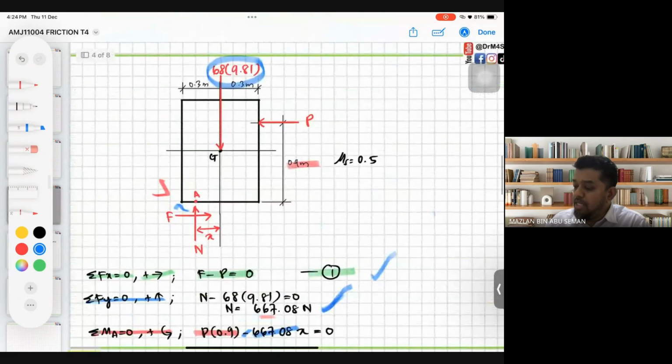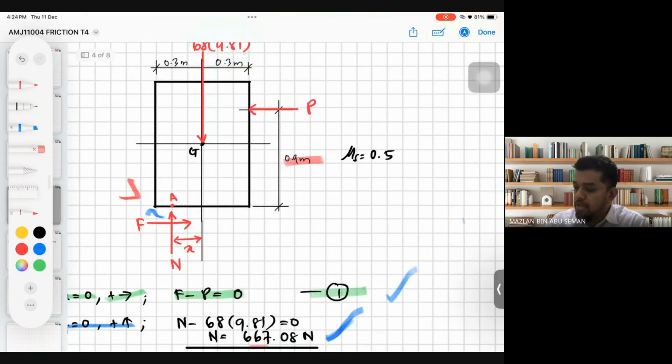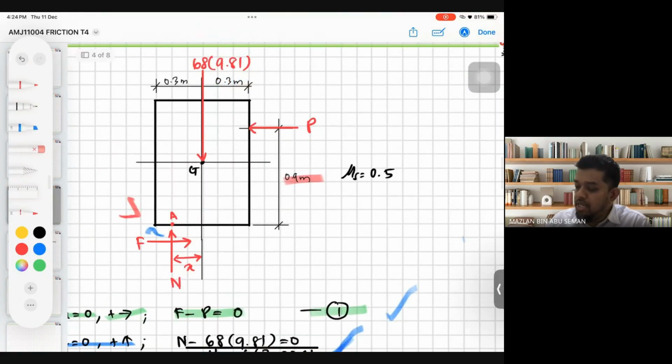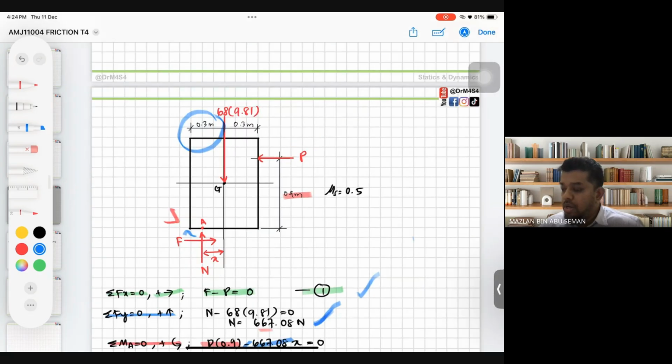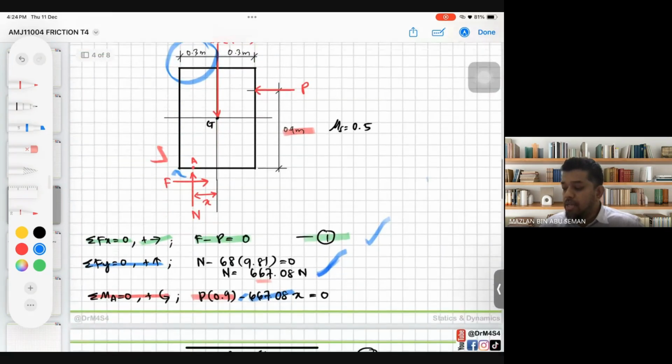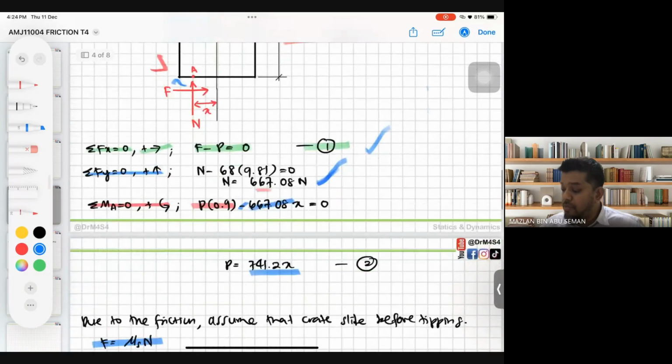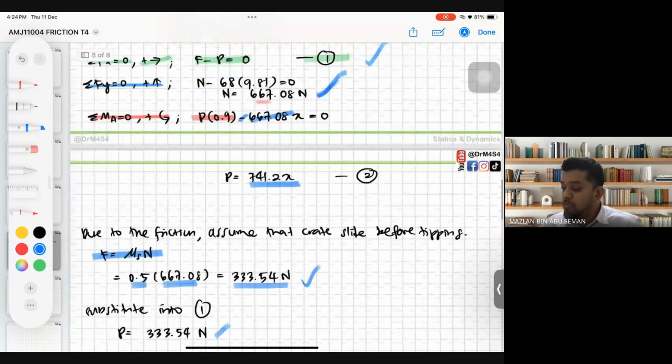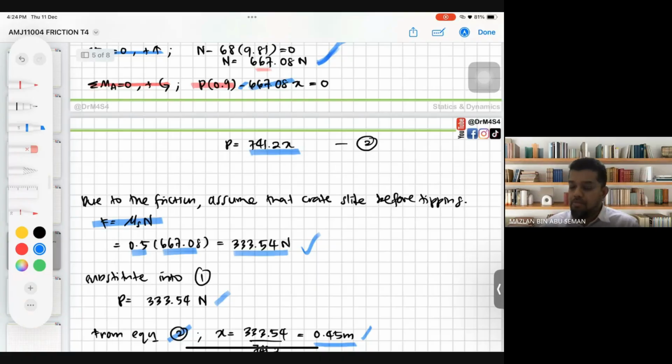But as we can see here, our dimension here is 0.3 only. So what does it mean? That means with the force from that guy, this box will tip over.